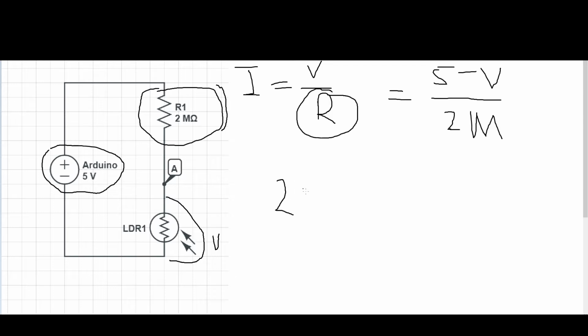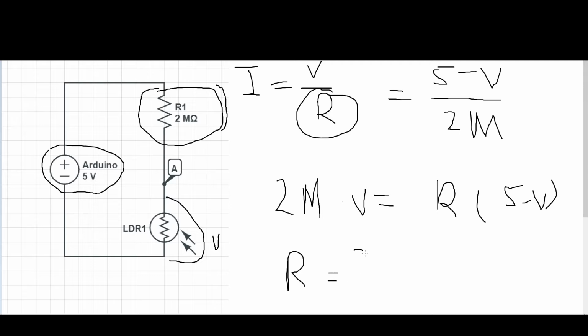So 2M times V is equal to R times (5 minus V). We're trying to solve for R. So R is equal to 2M times V divided by (5 minus V). And so that gives us a way to find the resistance of the photoresistor if you measure the voltage across the photoresistor.